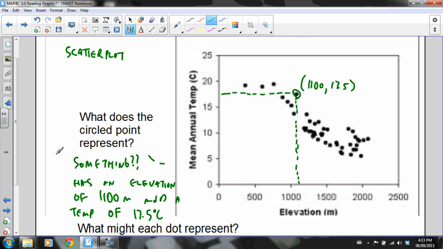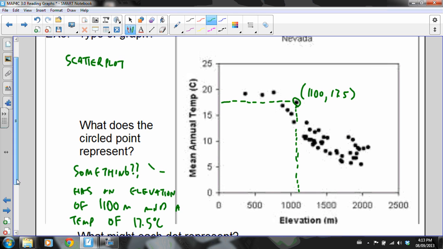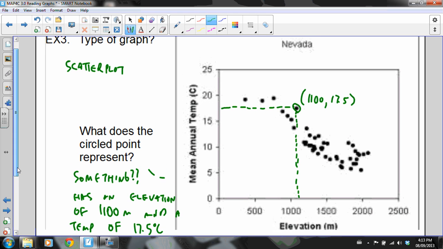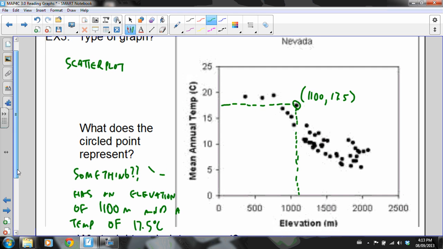And they're asking us to say what might each dot represent. And this is the idea of a graph being more powerful than the words, right? We've got all these things and we don't know what they are, but just from our ability to read a graph, we can say that represents something with an elevation of 1,100 meters and a mean annual temperature of 17.5.